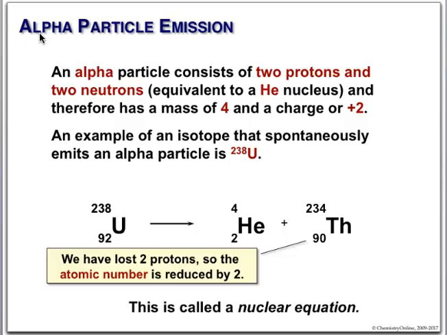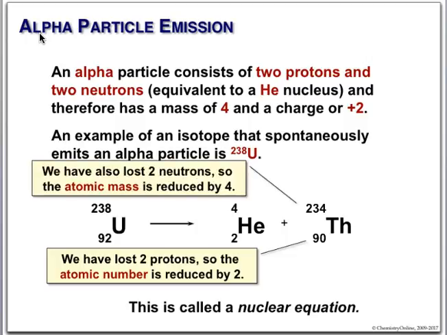And it has an atomic number of 90. We start off with 92, lose 2, and wind up with thorium. Likewise up top, we start off with 238 as our mass number. We lose 4 and get 234.